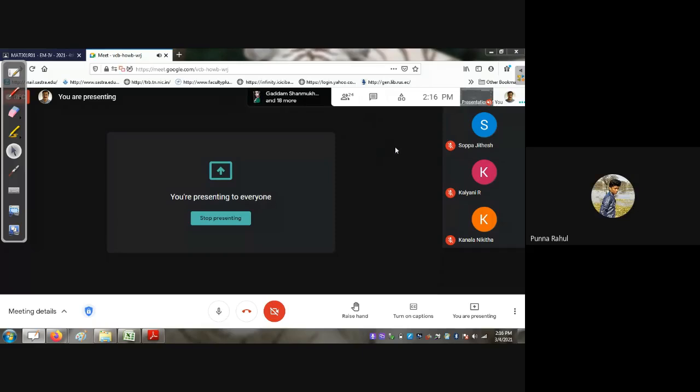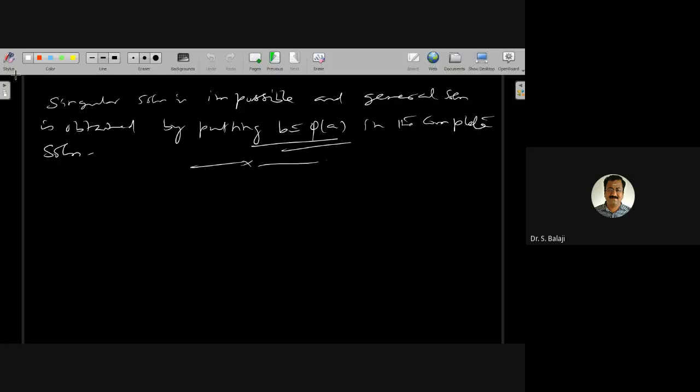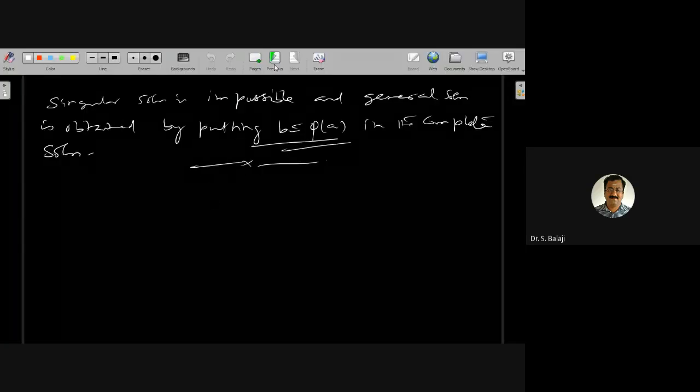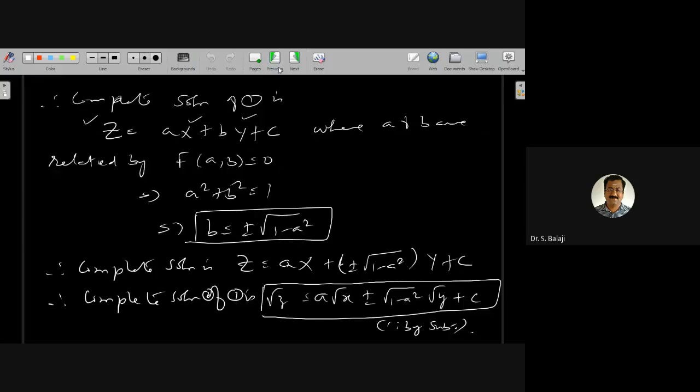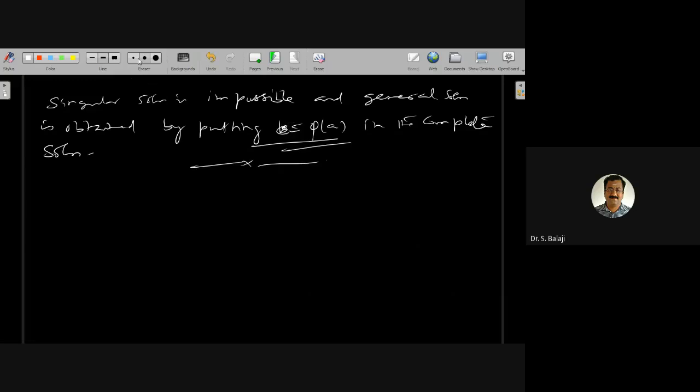Sir, if you are putting, I don't understand this, C equals to phi of A, sir. Last slide. This one or previous one? This one, sir. C equal to phi of A. C is equal to pi of A in the complete solution.